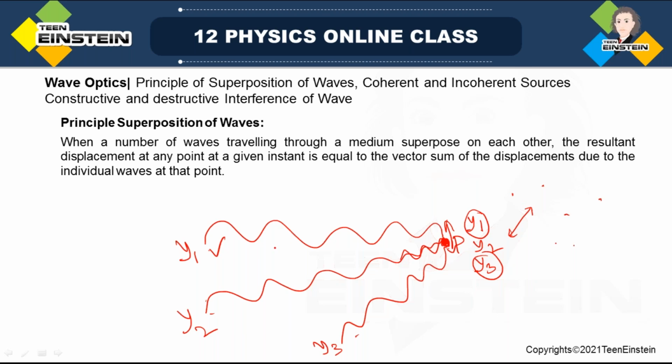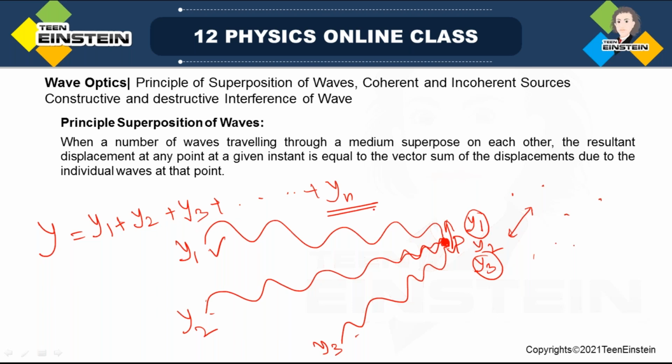Similar to that, here, when a number of waves are superposing at a particular point of a medium, the resultant displacement of the particle will be the sum of the displacements produced by the individual waves. I have taken three. I can take maybe n number of waves.